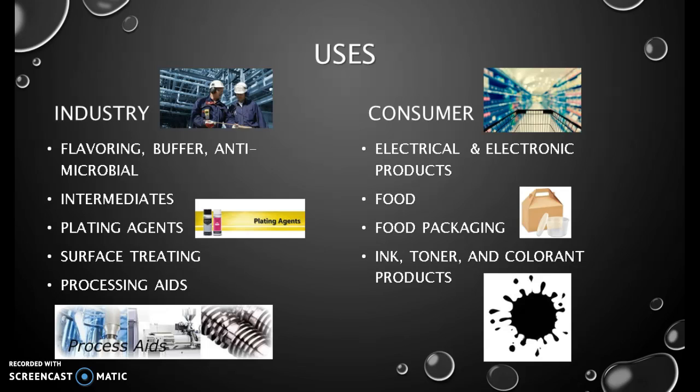I'm not really sure which ones. They weren't really specific about that. I'm pretty sure if I did a little bit more research, I probably could find something. It's also in foods, and I'll show you more about that on the next slide. It's also used in food packaging, ink, toner, and colorant products.